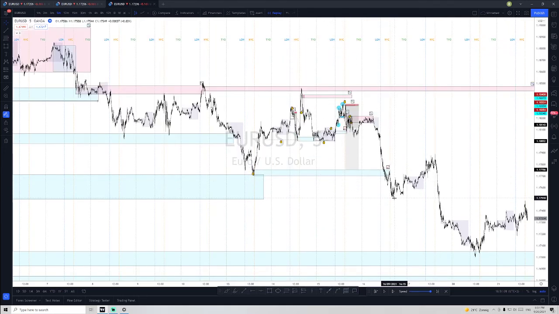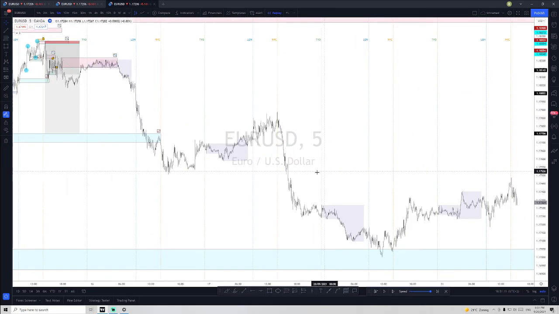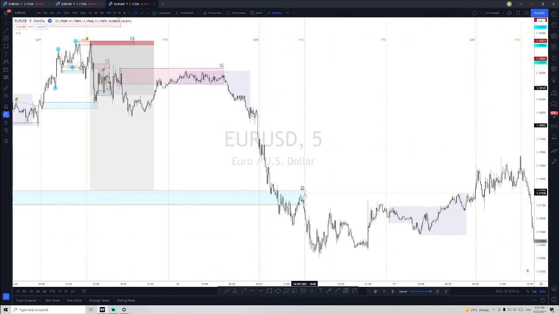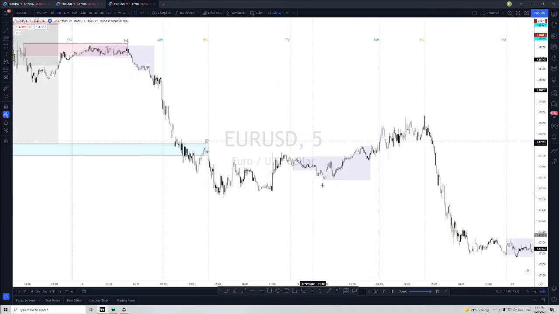So now we did come in this area again. This was broken, but what stopped it? Oh wow, perfect.